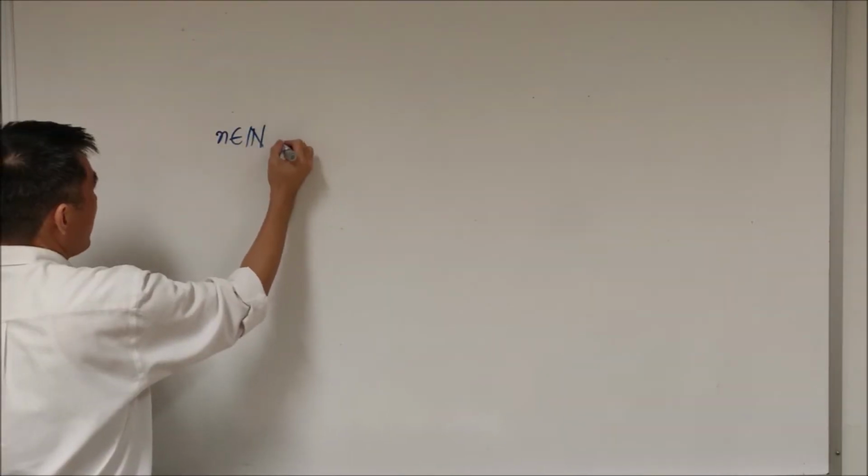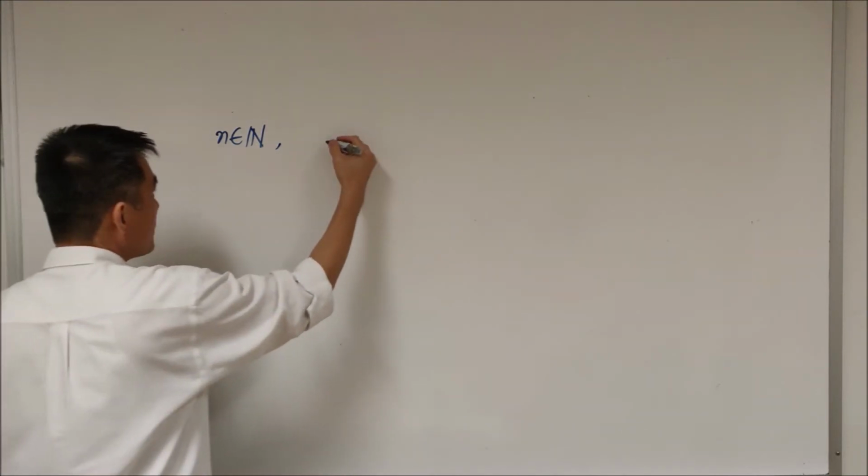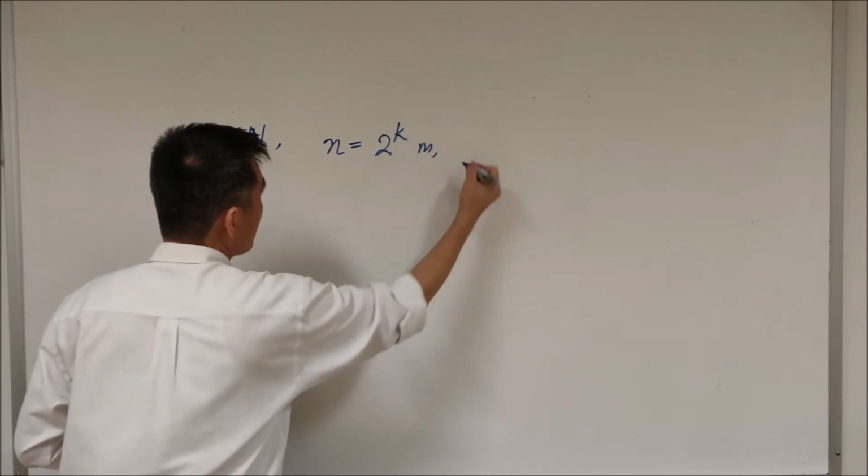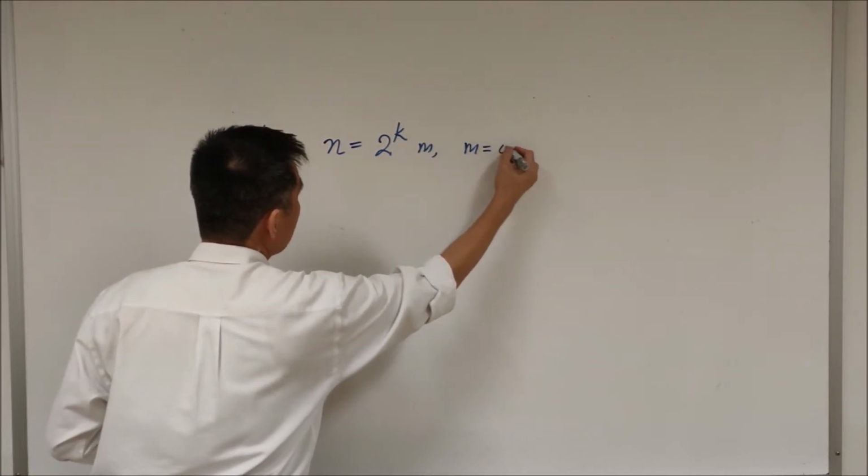Any integer n can be written as 2 to the power of k times m, where m is an odd number.